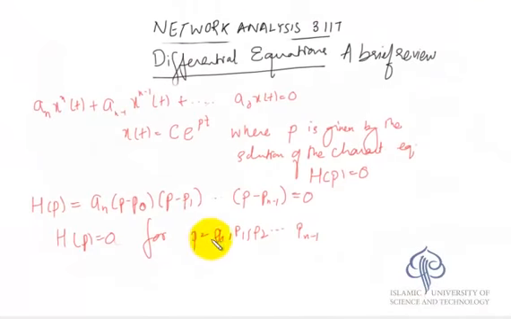That means H(p) is 0 for any of these, and x(t) equal to c e to the power p0t is one solution, and x(t) equal to c e to the power p1t is another solution to this homogeneous differential equation.